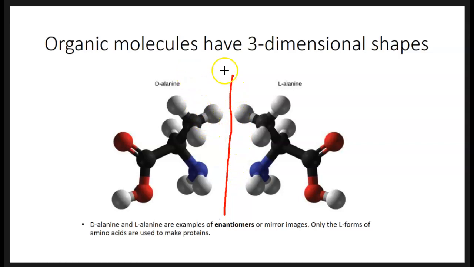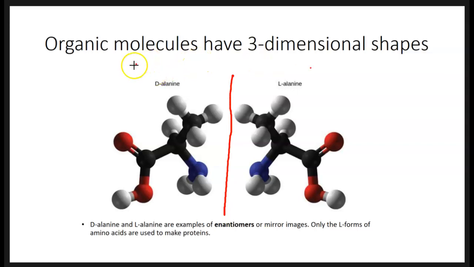Right? And so those enantiomers, even though they have the same composition of atoms, they're mirror images almost like your hands. So we have a left hand and a right hand. Right? And even though your hands have the same combination of fingers attached to your palms, they don't fit in the same glove.